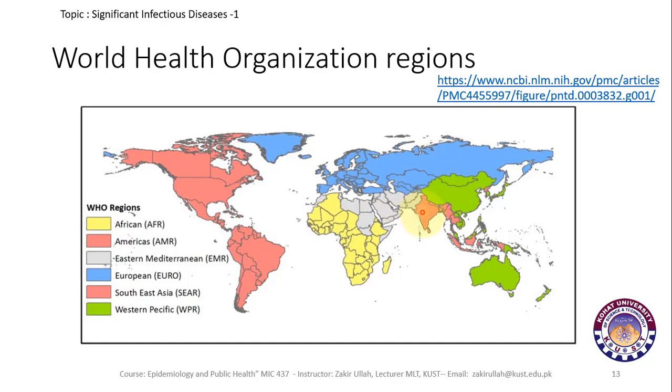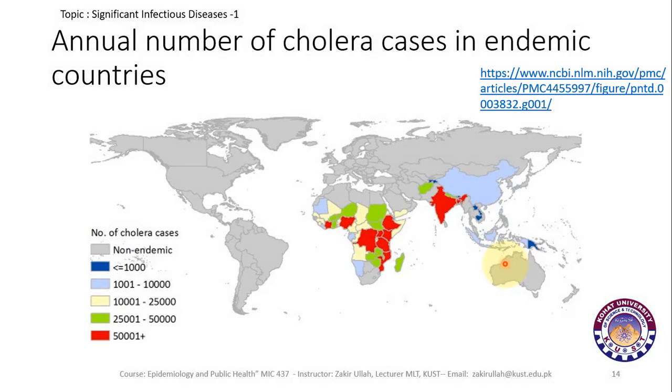This is the Southeast Asian region and the Western Pacific region. So this is the distribution and color representation of the different regions released by the World Health Organization, and on the basis of these regions, the annual number of cholera cases in the endemic countries.